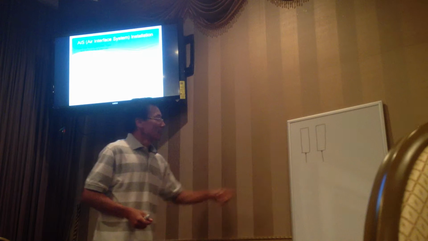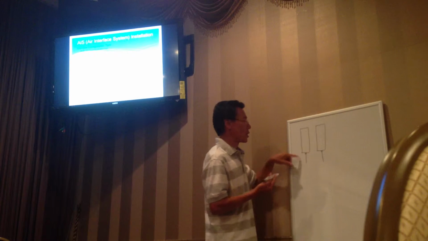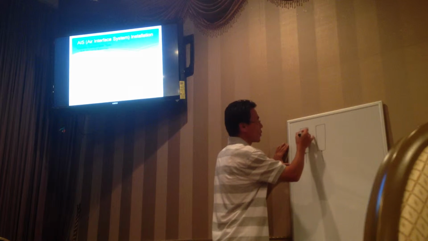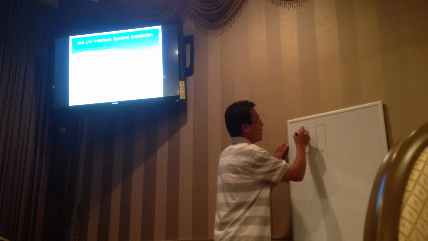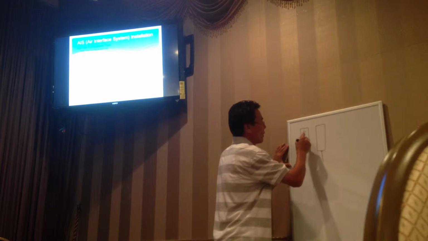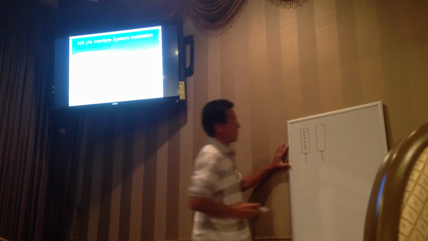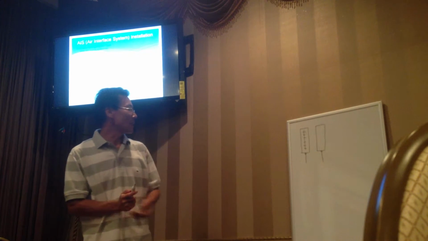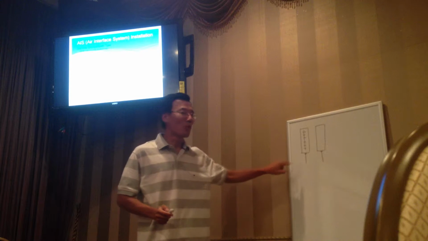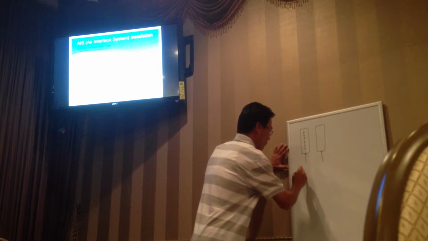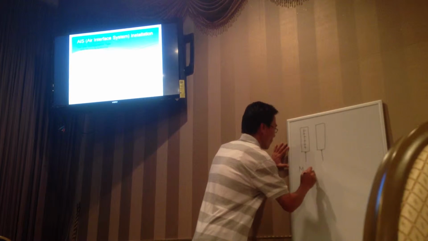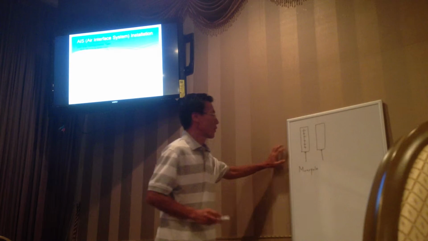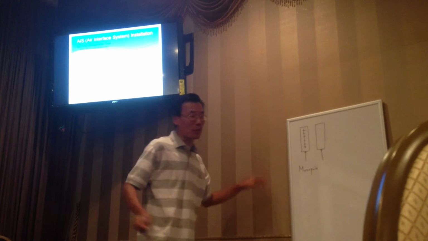And there's one connector, only one antenna, with the array of the antenna radiator inside. We call it the monopole antenna. Monopole, right? This type of antenna we call the monopole.